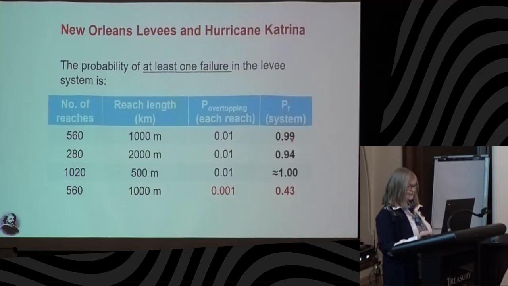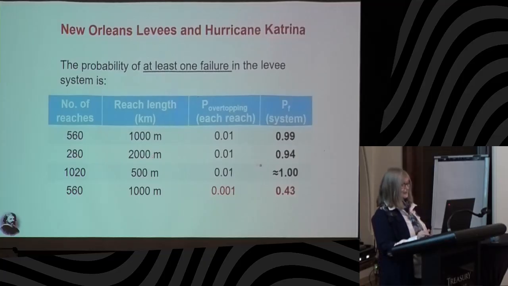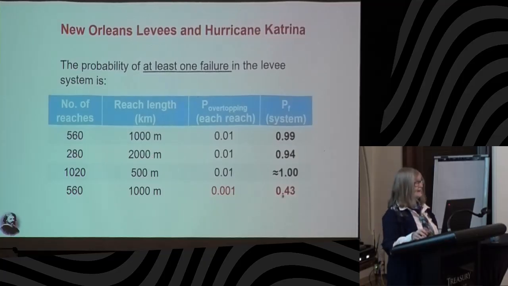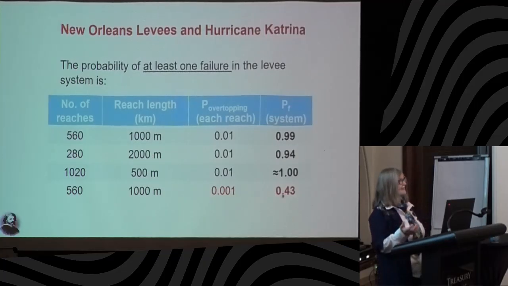There will be something that fails. And then you could take fewer reaches and longer reaches, or shorter reaches, and calculate, and the probabilities are very high. So it's certain that the next hurricane you will get a failure.